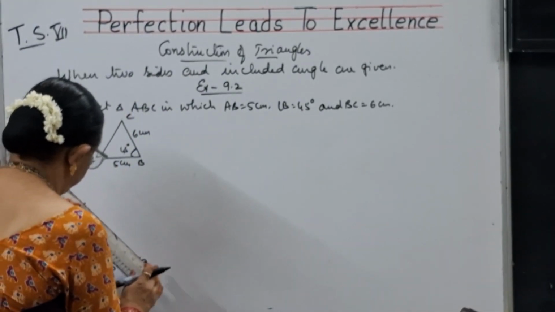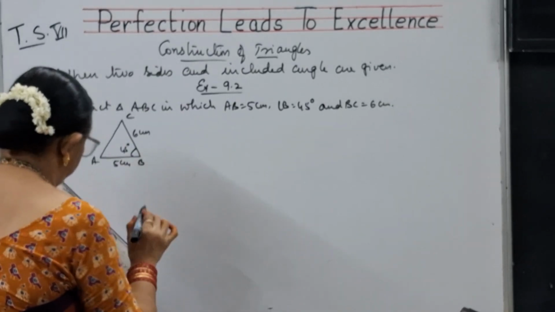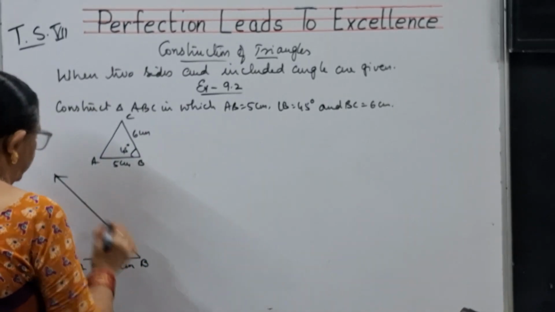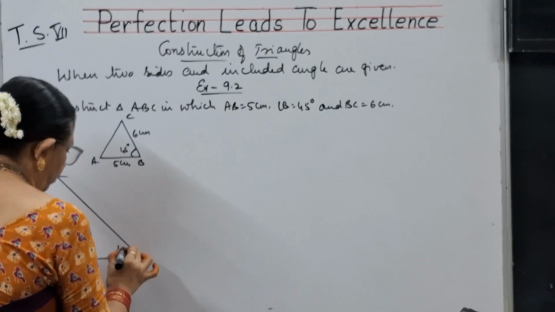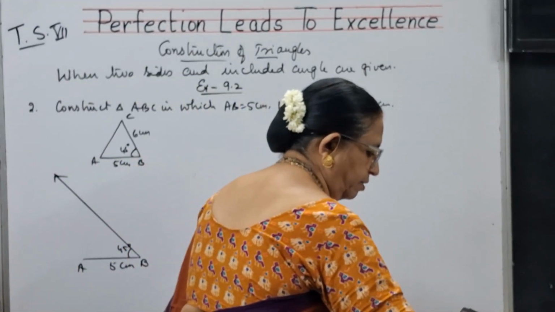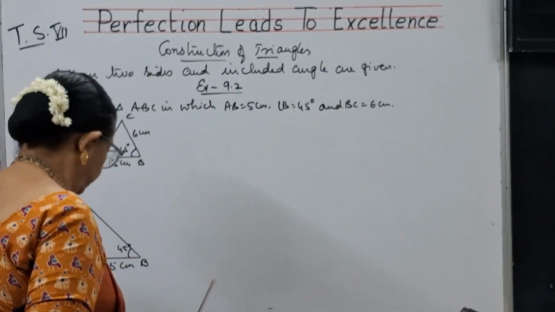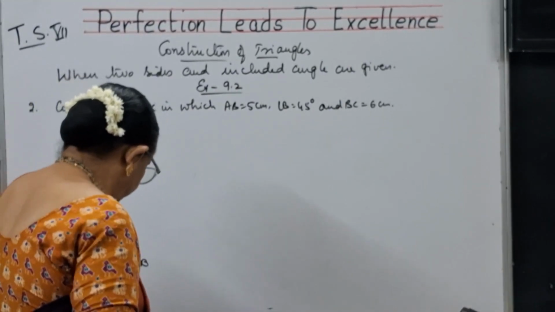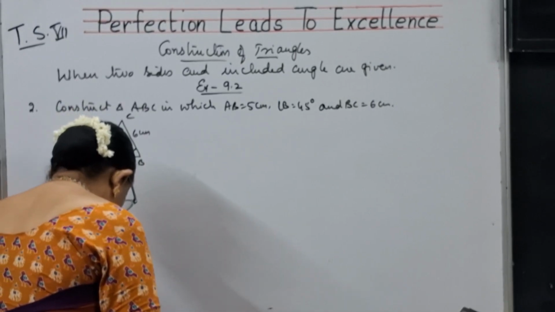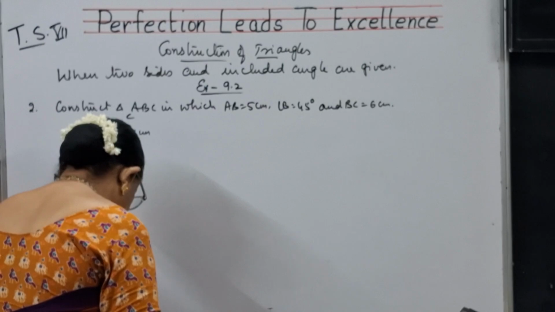This is B X-ray making 45 degrees. Now BC is 6 centimeters. So you go with the scale, 6 centimeters.